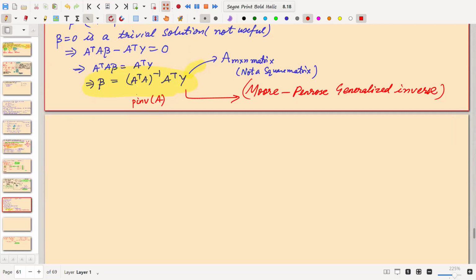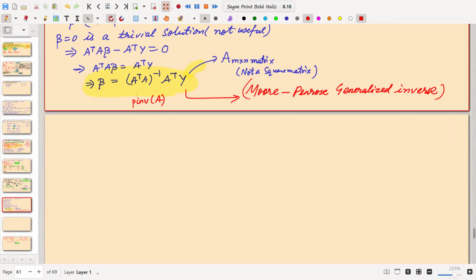A can be a rectangular matrix, and you can find a pseudo inverse. So if the question comes, can you find the pseudo inverse of a rectangular matrix? Yes, we can. Okay, you got that right. We'll see that in Python also.